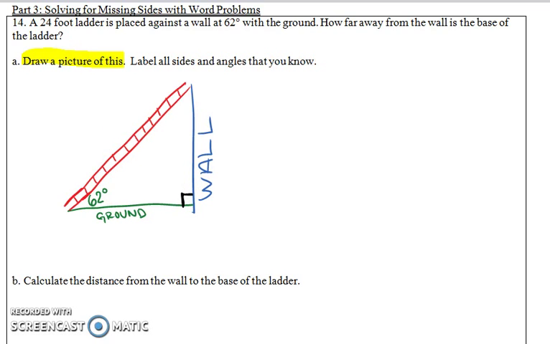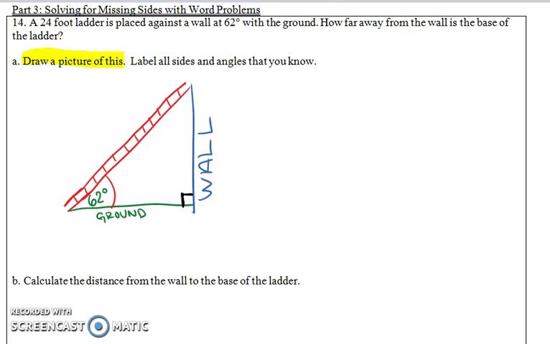So we have the ladder forming a 62-degree angle with the ground, and we have the ground and the wall meeting at a right angle. And I think that's pretty much all we know at this point. We know the angle at which the ladder and the ground meet, and we know that the wall and the ground meet at a 90-degree angle.